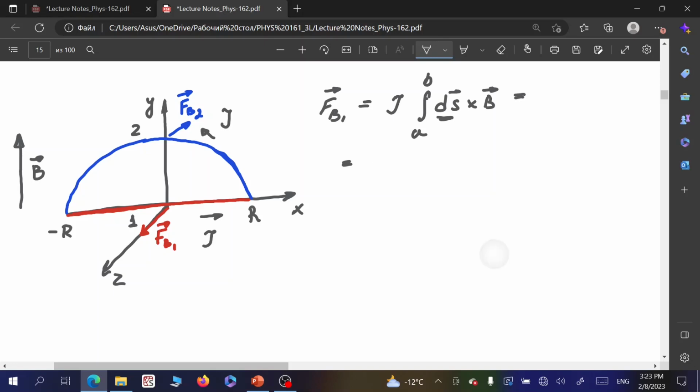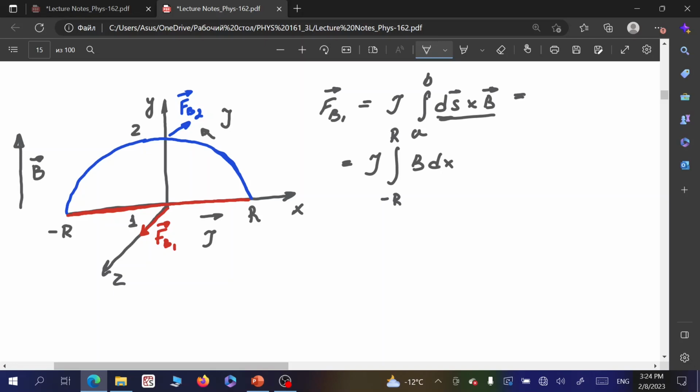So in this case, we can write that it will be I. Range of our integration will be from minus r to r along axis x, and here will be B times dx instead of this cross product, because ds we replace with dx because displacement is along axis x.